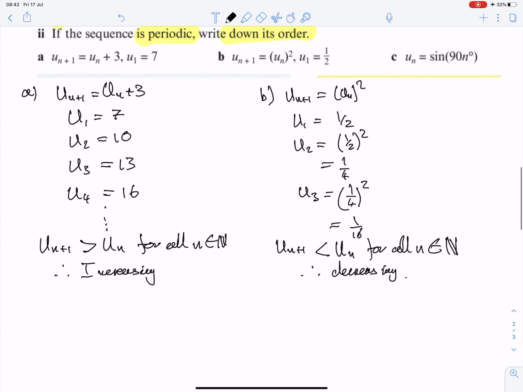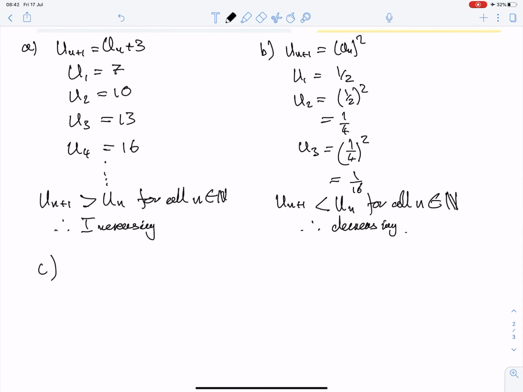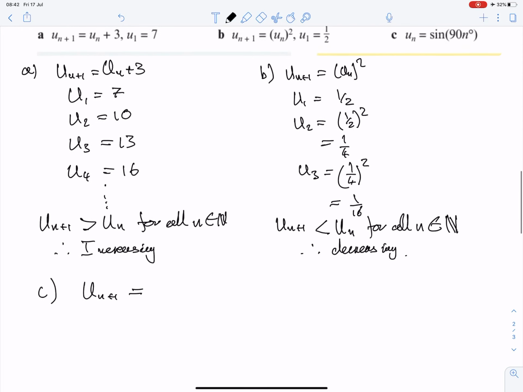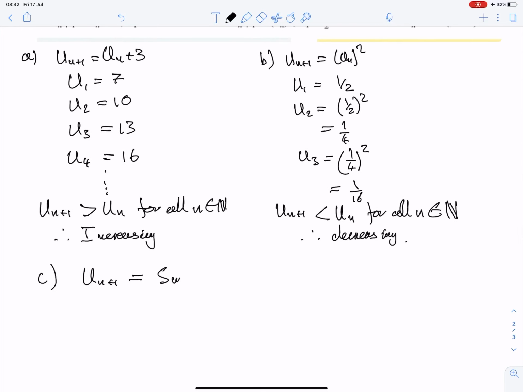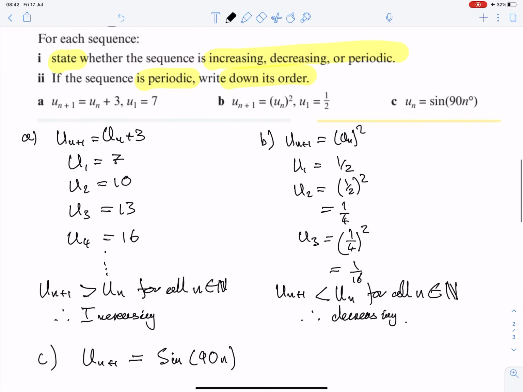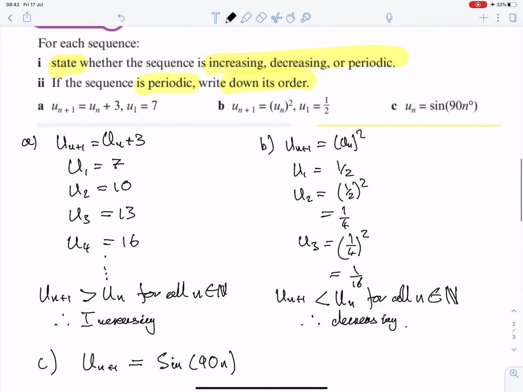Part C. un plus 1 is equal to sine of 90n. Okay, now when we look at this question, there's a difference.